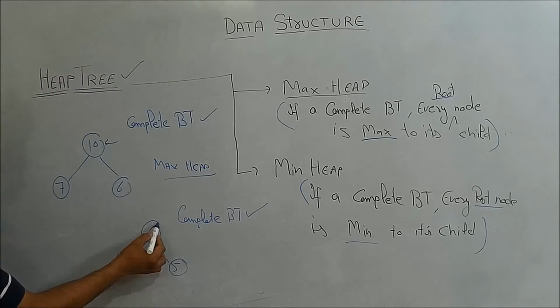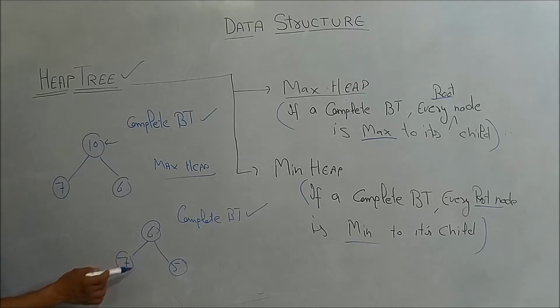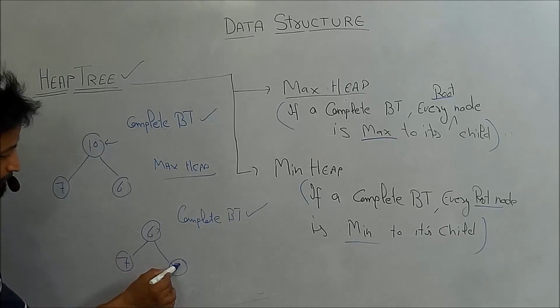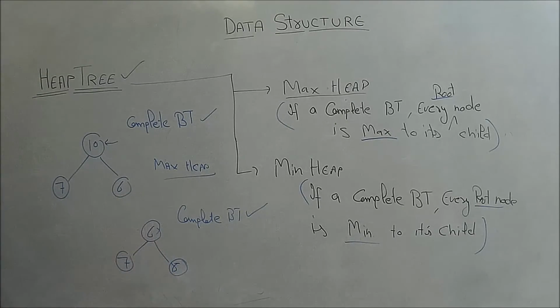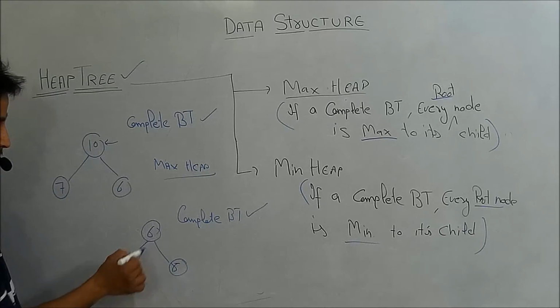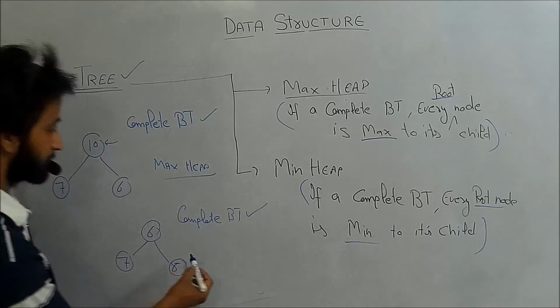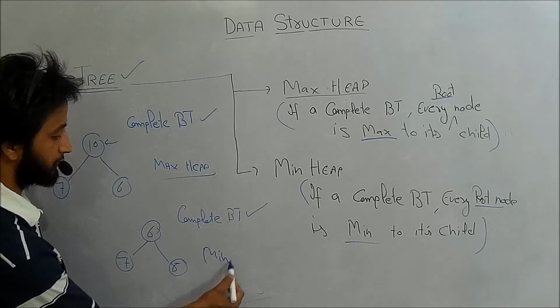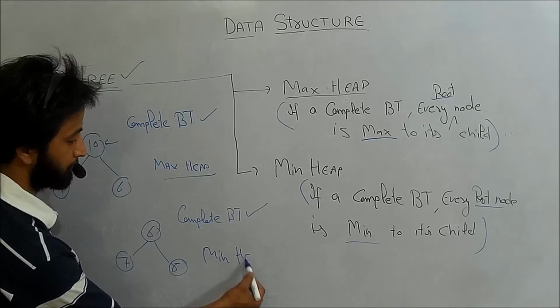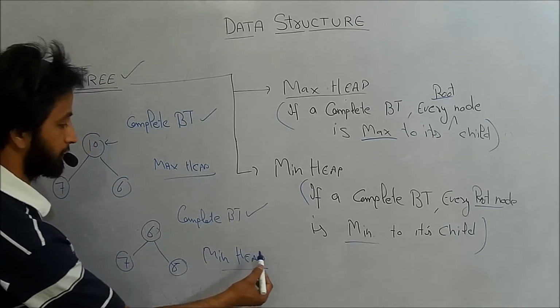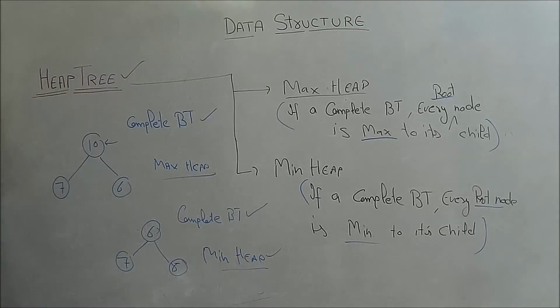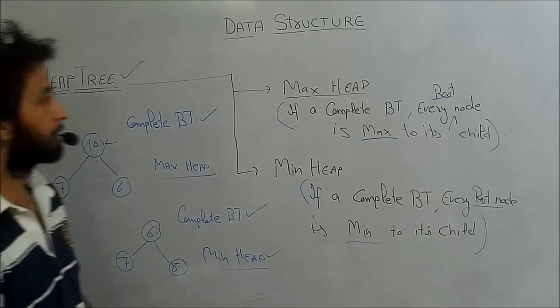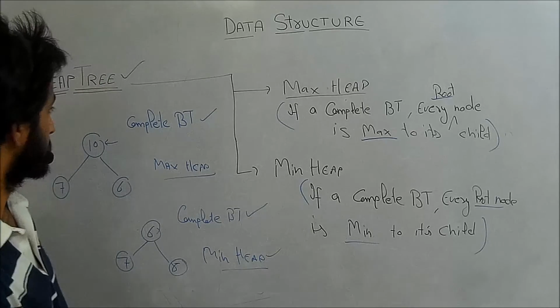And the root node, which is this one, sorry, here I will write 8. So now the root node is minimum as compared to its child, then we can say that the given tree is min heap. Okay, so this is all about max heap and min heap.